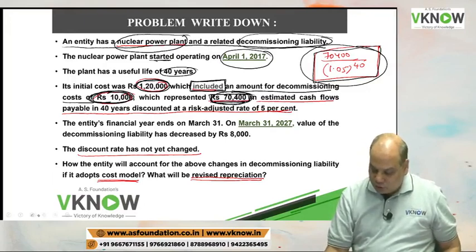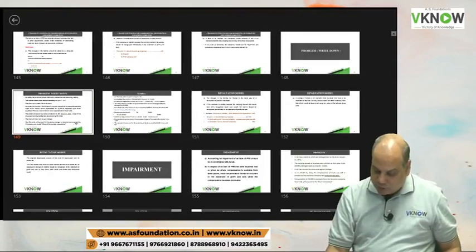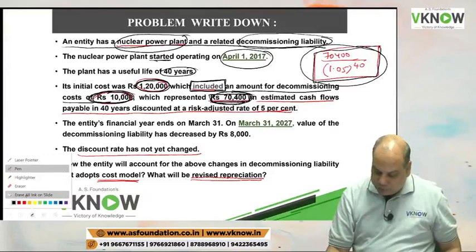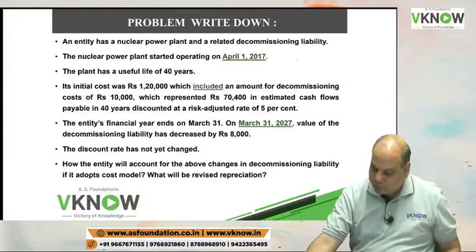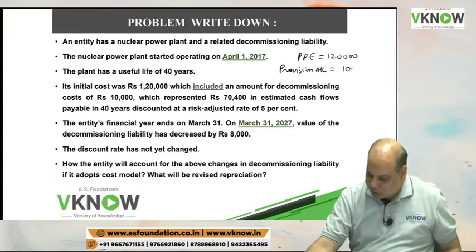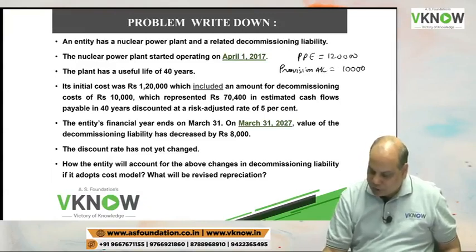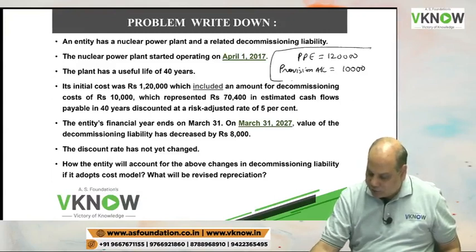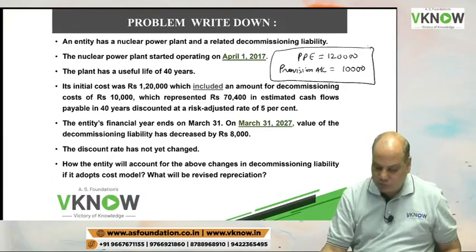Okay. So on day one, when the asset was acquired, the PPE balance is 1,20,000 and the provision account has a balance of 10,000 rupees.